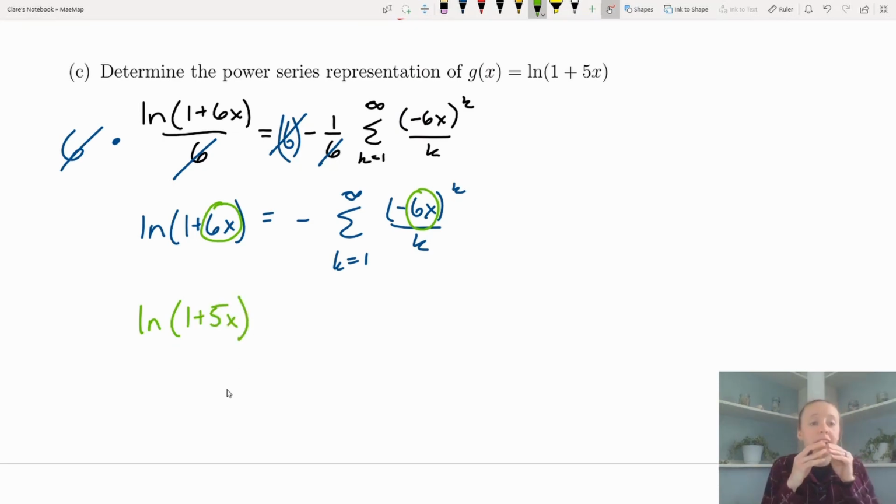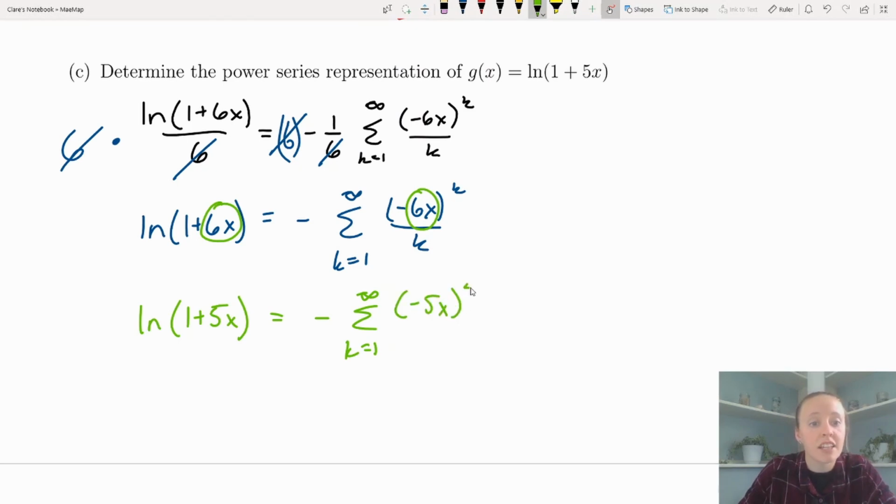That's just as simple as changing the input in my series. So the ln of 1 plus 5x is going to be equal to negative summation from k equals 1 to infinity of negative 5x to the k all over k. That's what the ln of 1 plus 5x will be.